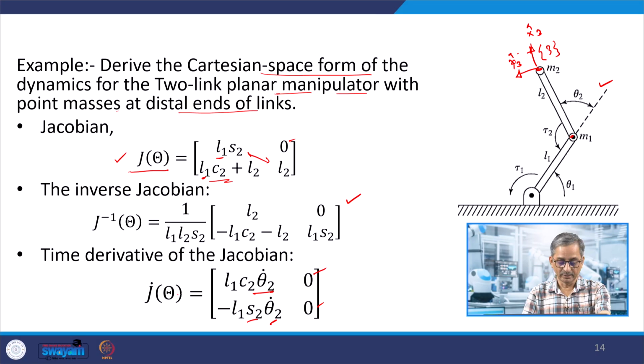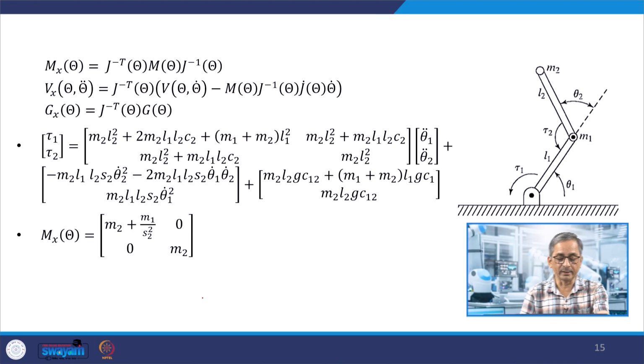So, we have taken the derivative of the Jacobian, and so these are the terms in the Cartesian space: the Cartesian mass matrix, the Cartesian Coriolis and centrifugal force terms, and the Cartesian gravity vector, okay. So, I can substitute these. We have evaluated the Jacobian transpose inverse, the Jacobian inverse, and these M(θ), V(θ, θ̇) and G(θ) I can get from this equation, right.